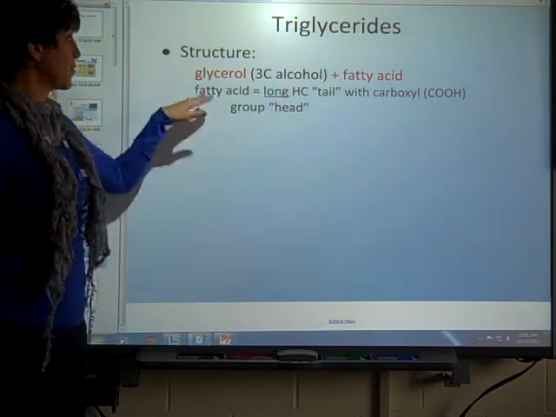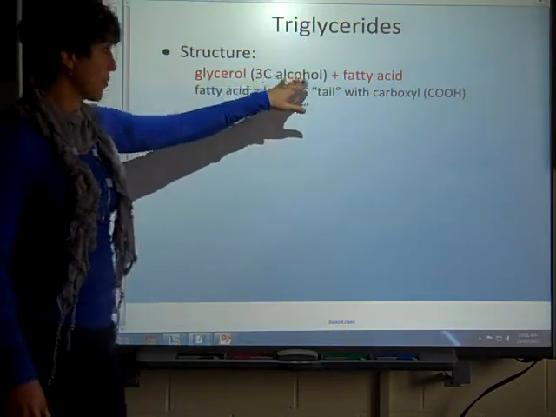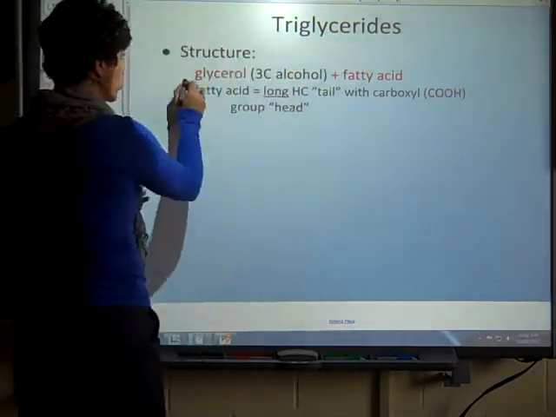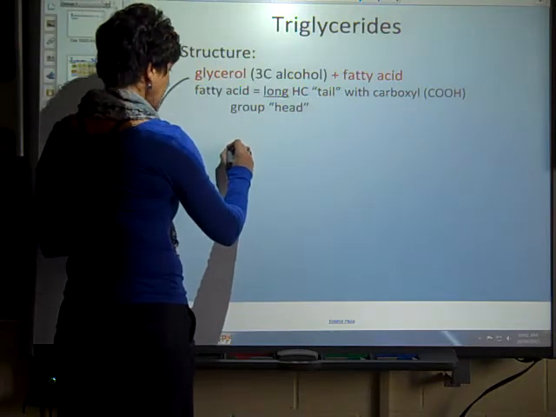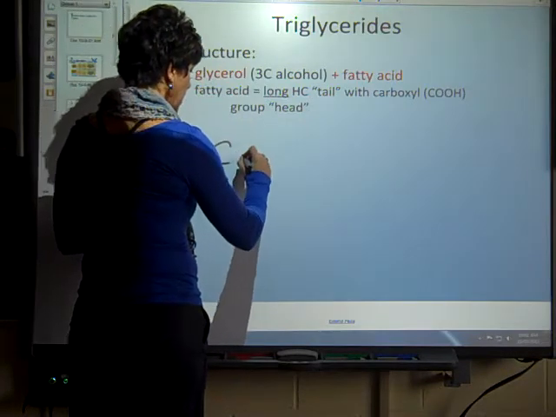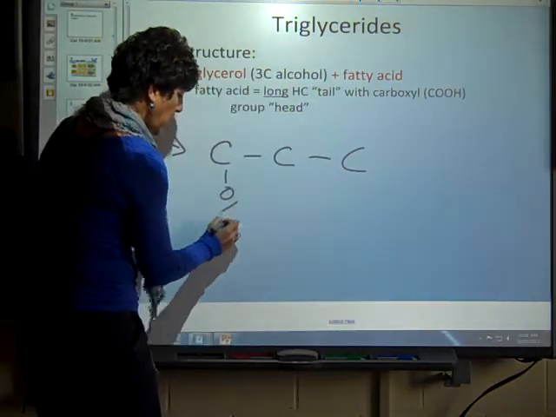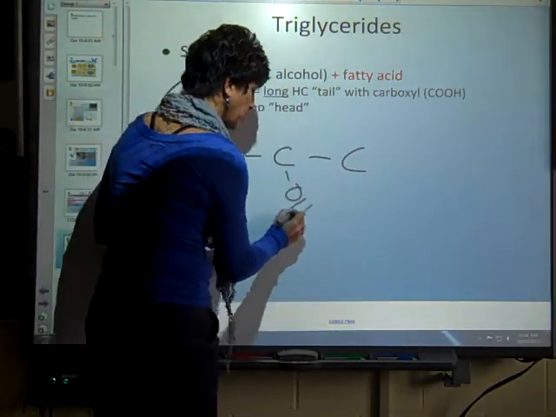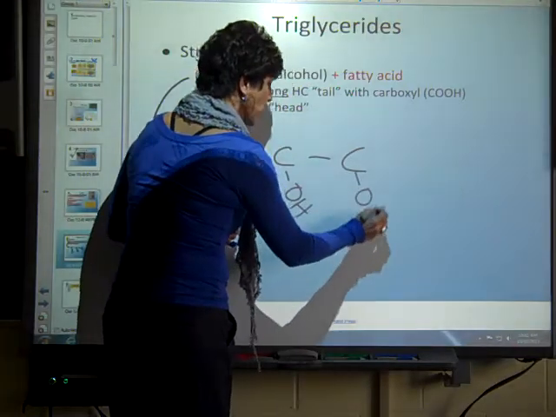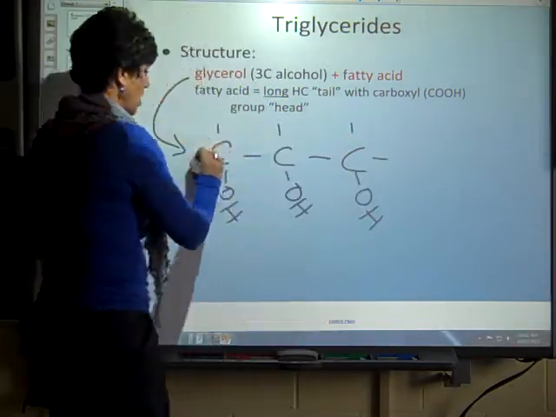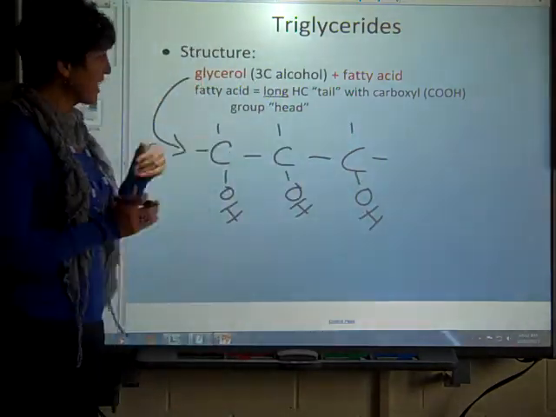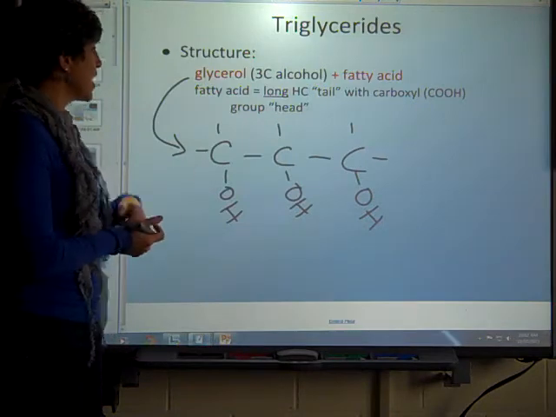All right, structure. Glycerol is a 3-carbon alcohol, so I want you to draw glycerol. It looks like this. Carbon, carbon, carbon. Each carbon gets an OH, and the rest of the bonds are all hydrogens. That is the structure of glycerol.